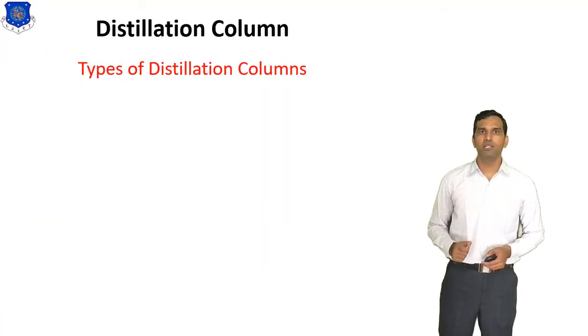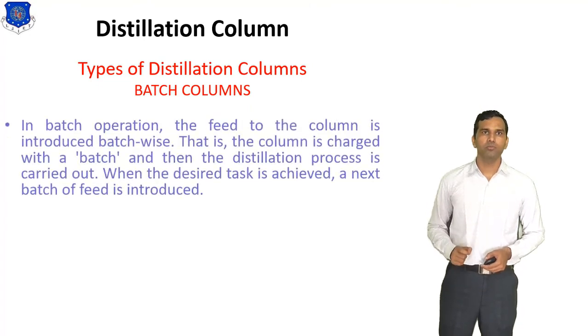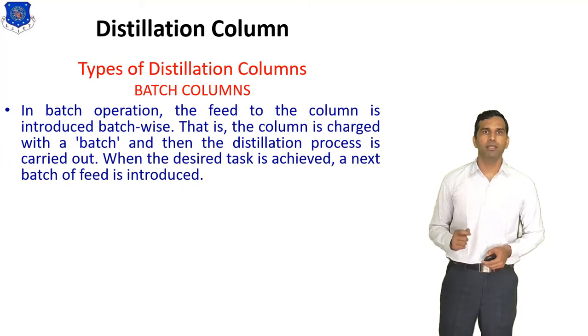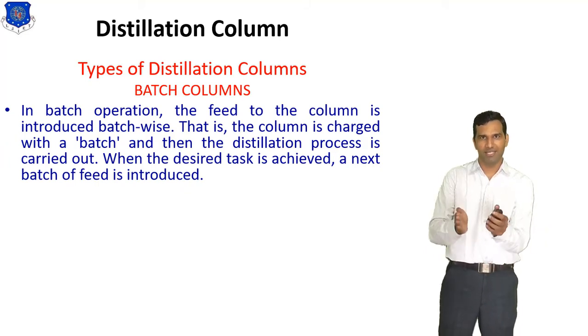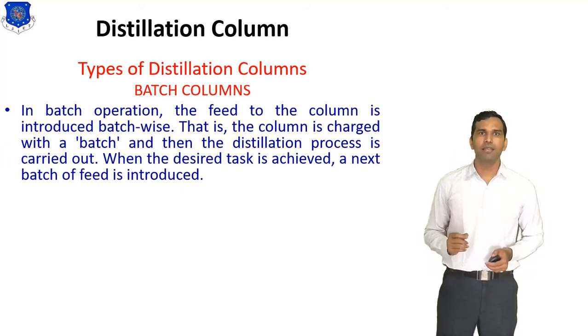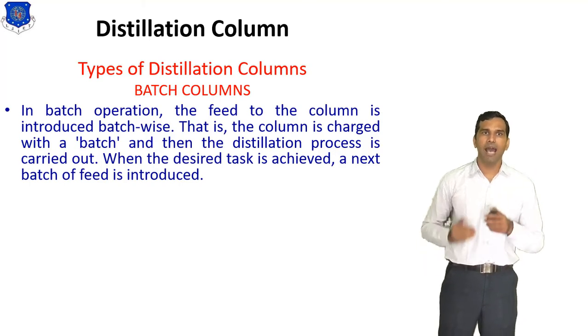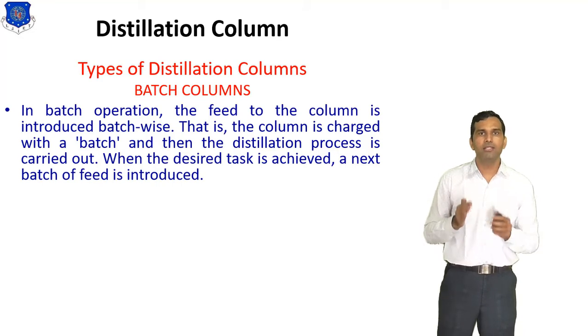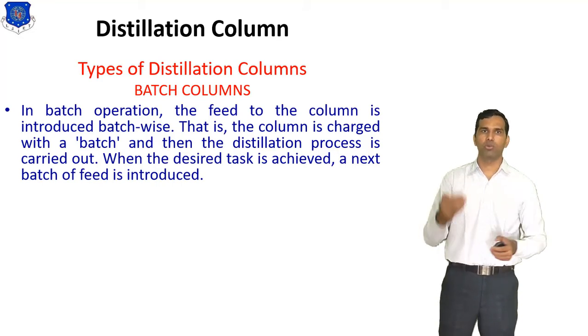There are mainly two types of distillation column. The first one is the batch column. In a batch operation, the feed to the column is introduced batch-wise. That is, the column is charged with a batch and then the distillation process is carried out.